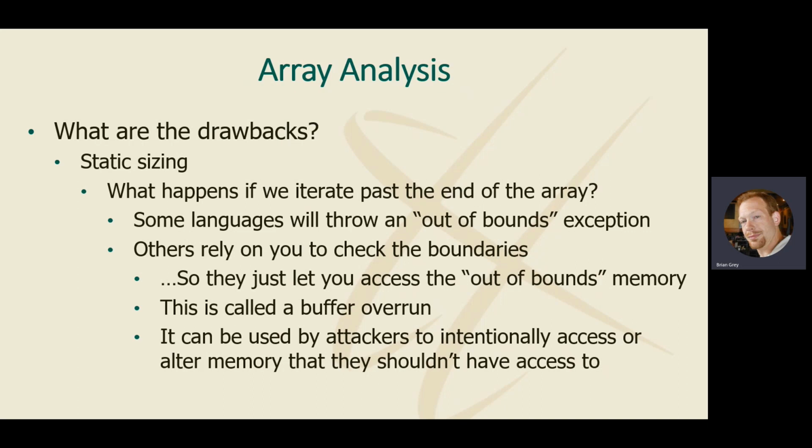If you want to see really cool, very visual uses of how buffer overruns can work, look at some speedrunners who use glitches to trigger states in 8 and 16-bit games. A lot of them are based on buffer overruns, on manipulating specific memory that you really shouldn't have access to yet, just through quirks of the game. Okay, but you can see how this could cause a problem. And for the record, Python throws an index error. So Python doesn't require you to check boundaries, but if you don't check boundaries, you're going to have an exception.